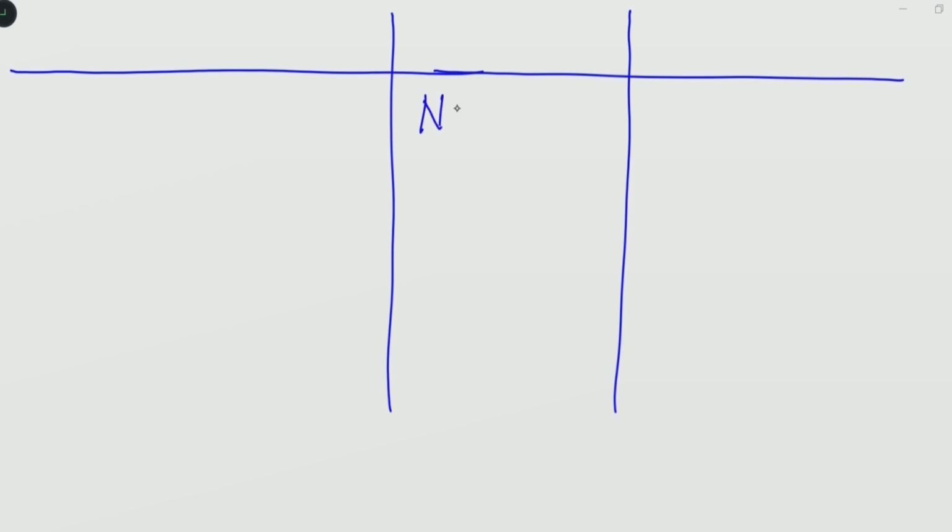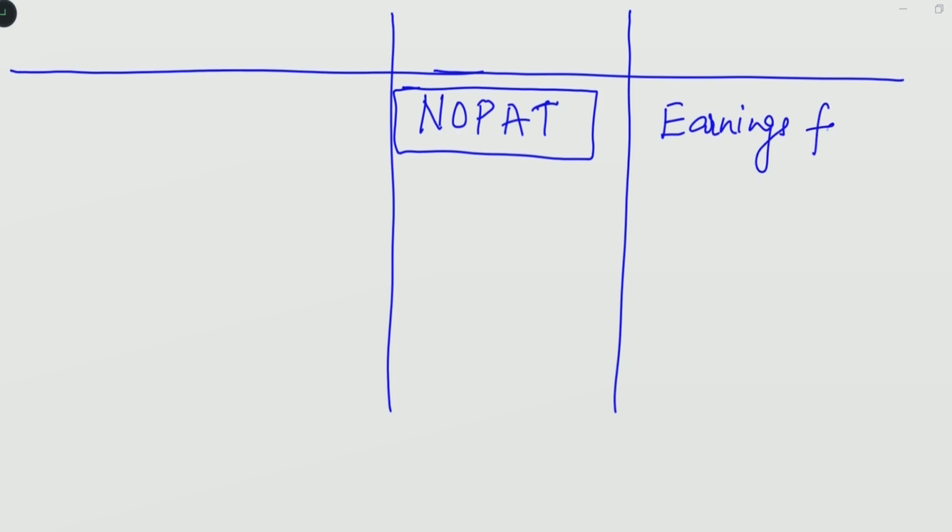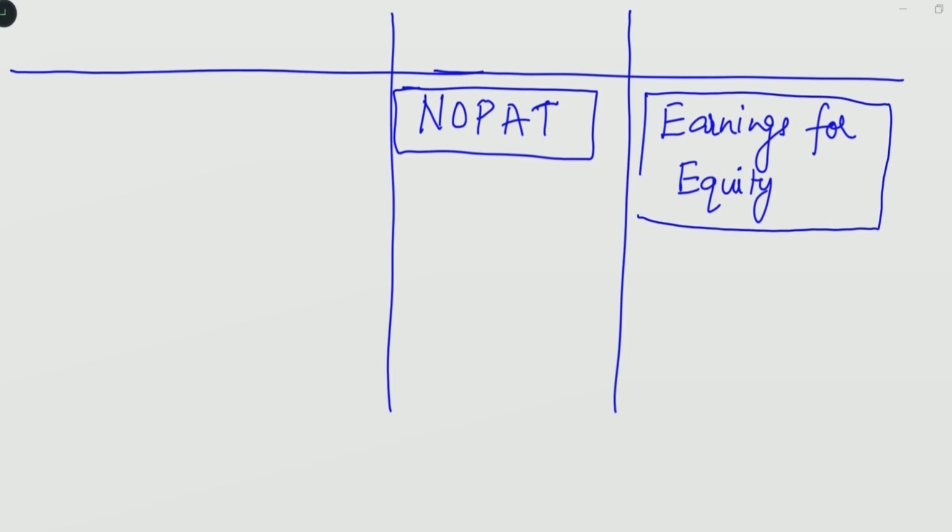So consider this tabular presentation where on one side I'll be taking NOPAT, and on another side I'm taking earnings for equity, and then I make some adjustments.